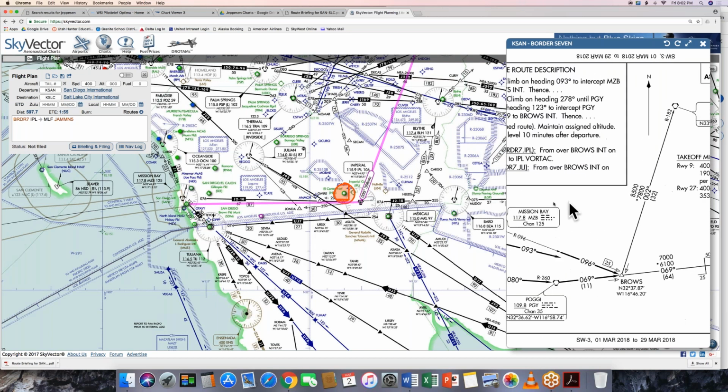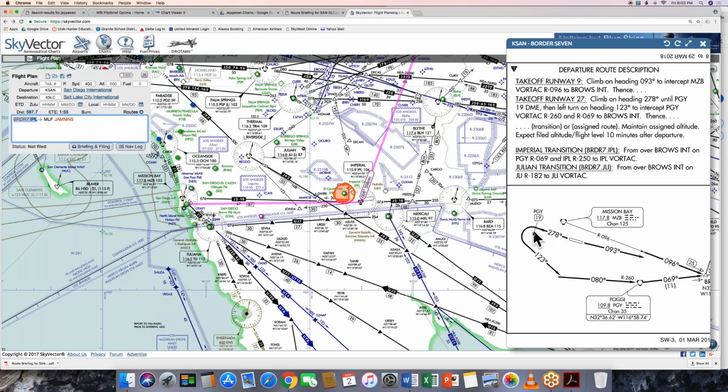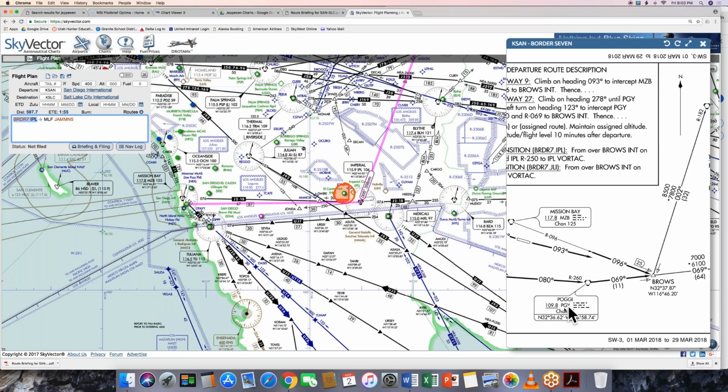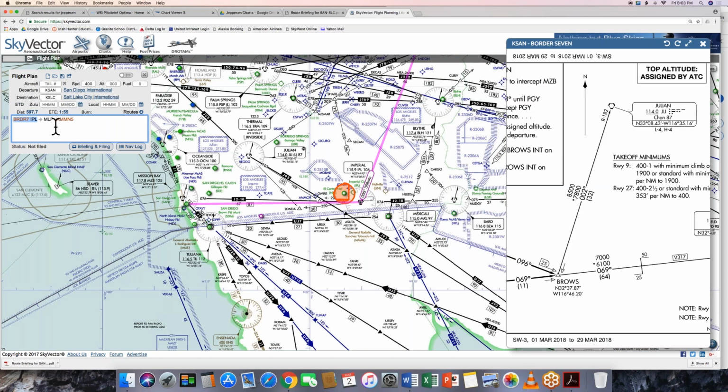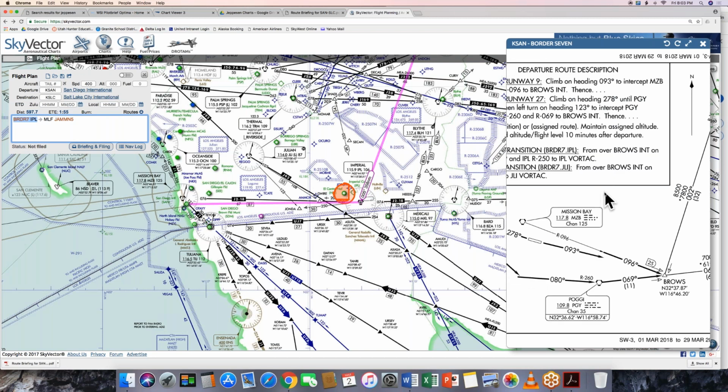So do you know what? Instead of putting in this departure, you guys can see the waypoints of this departure, right? So our waypoints are going to be POGI, PGY, browse, and then JLI. So we can just do that instead of putting in the actual route. We just know that it's Border 7.